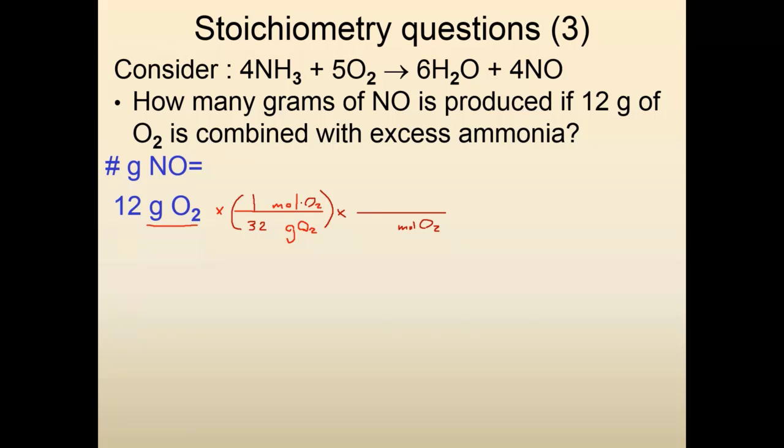The unit moles of O2 does have to come in the bottom, but keep in mind, what are we trying to solve for here? Grams of NO. So the only way to go from one substance to another is what type of ratio? Frank got it. It's a mole ratio, so we're going to have to put moles of NO on the top. Very good, Frank. Thank you.